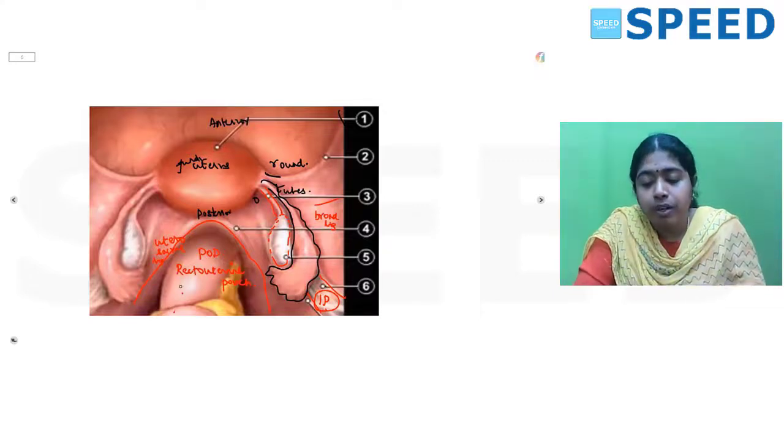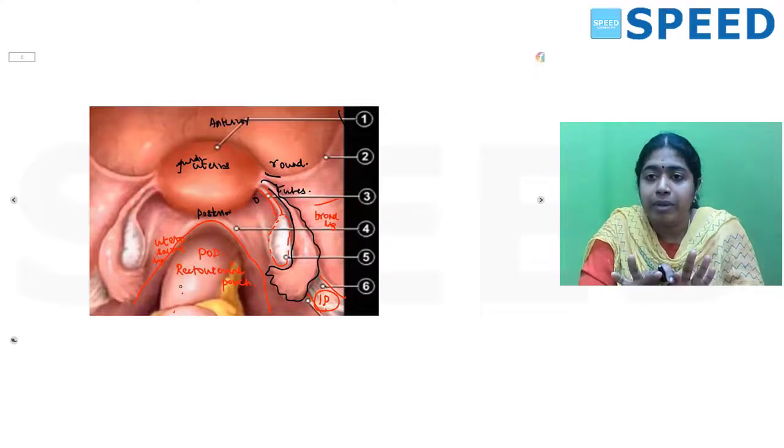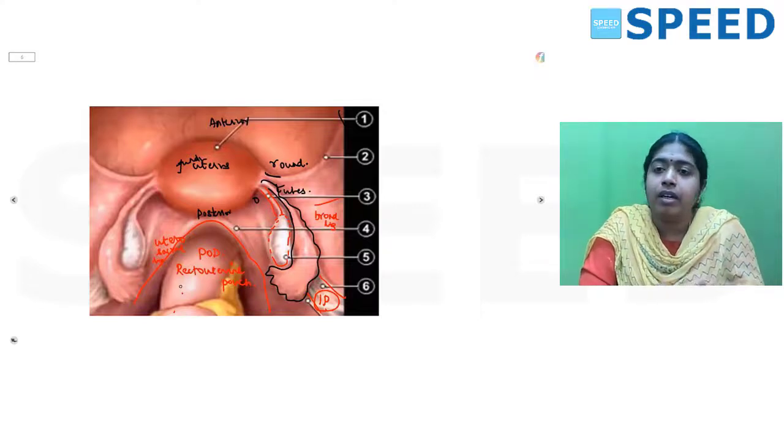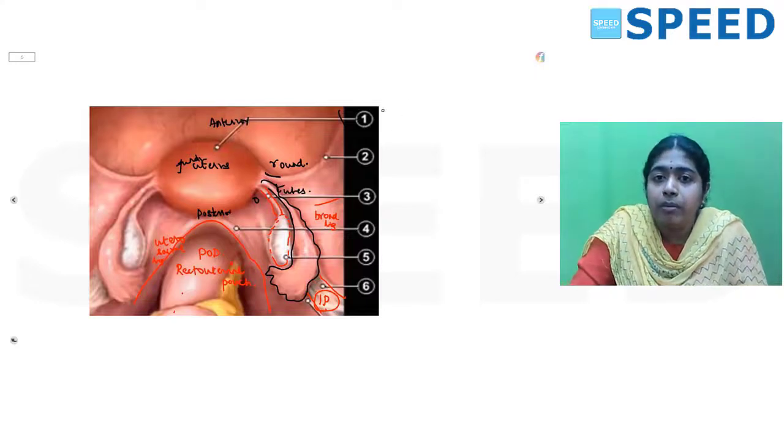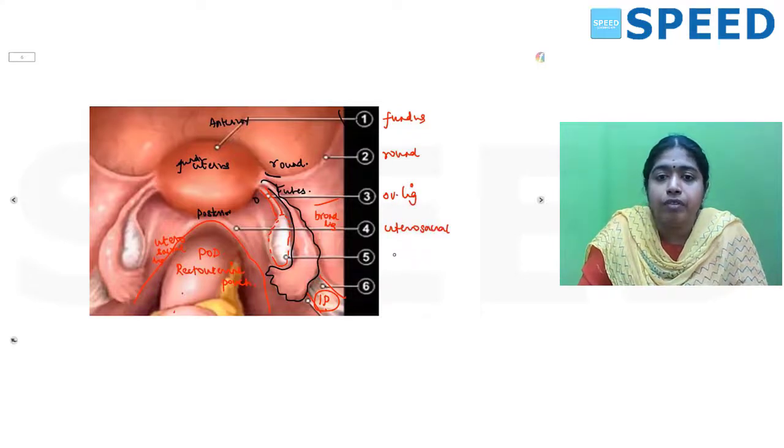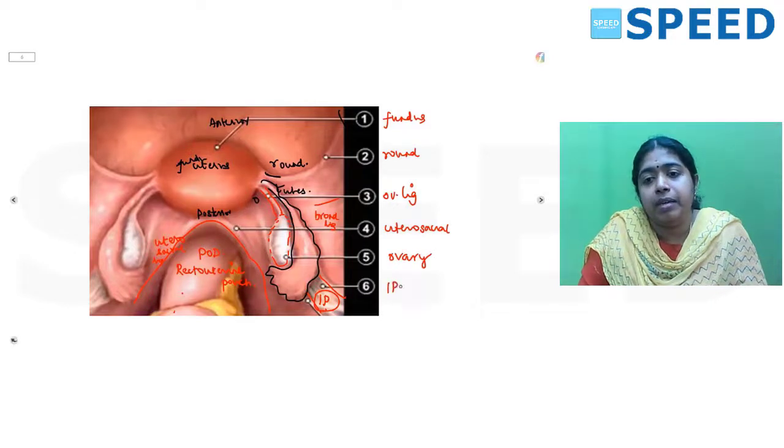Now, if this rectouterine pouch descends down as prolapse, it becomes an enterocele. The content may be small intestine or large intestine. Now, if you're going to name all this: 1 fundus, 2 round ligament, 3 ovarian ligament, 4 uterosacral ligament, 5 they have marked ovary, 6 it's the IP ligament.